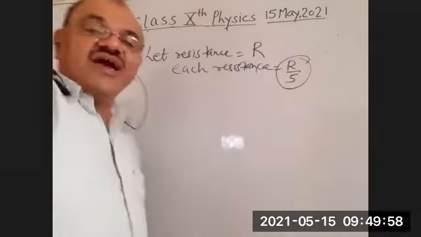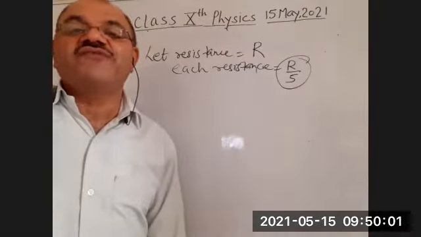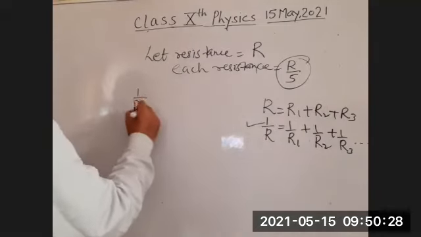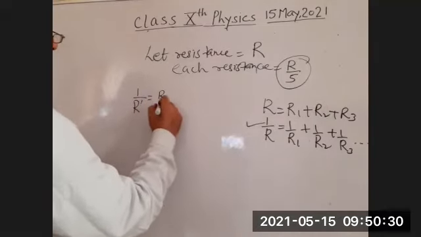If there are 5 resistors connected in parallel, the formula I already told you: R is equal to R1 plus R2 plus R3 when they are connected in series, and when they are connected in parallel, the formula is 1 by R is 1 by R1 plus 1 by R2 plus 1 by R3 and so on. Is it clear, students? Here they are connected in parallel, so we'll use this formula. Now 1 by R dash is equal to R by 5.